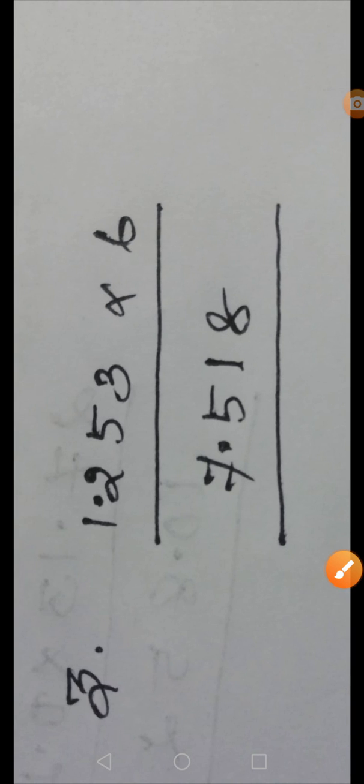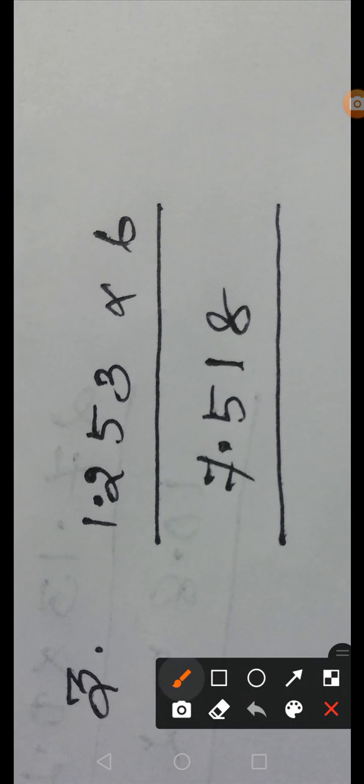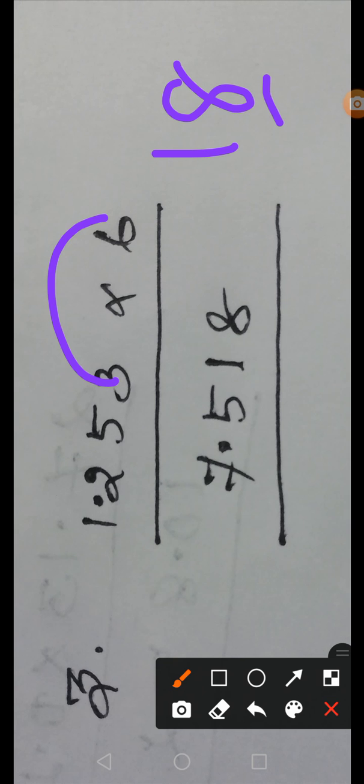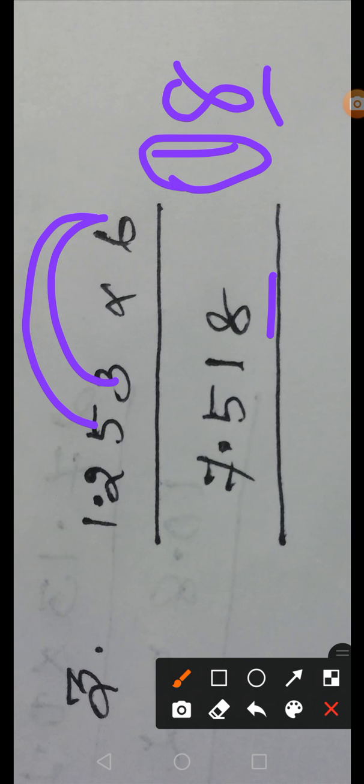Then one more question. 1.253 into 6. So we want the product with 6. 6 threes are 18. 18, ones place 8, remaining 1 carry. 6 fives are 30. 30 plus 1 is 31. 1 we put, remaining 3.